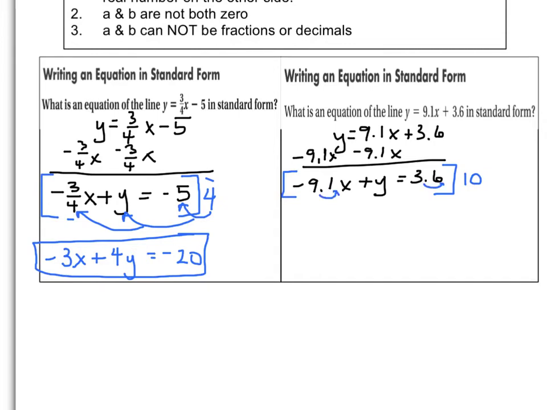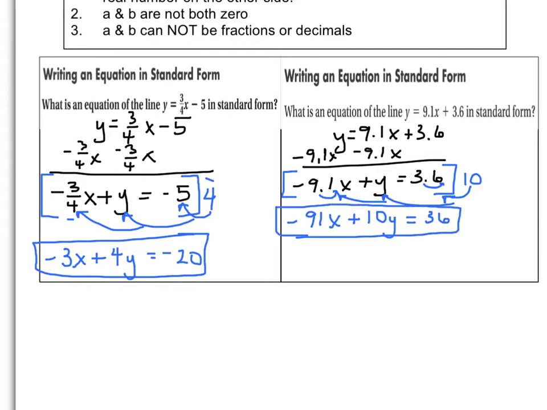So this is really negative 91x plus y, which has a 1 in front of it. If I move the decimal right one, that makes it 10y, 10 times 1. I'm multiplying each of these by 10. And it's going to equal, if I move it right, 36. And now this is in standard form. No decimals, no fractions. Okay?